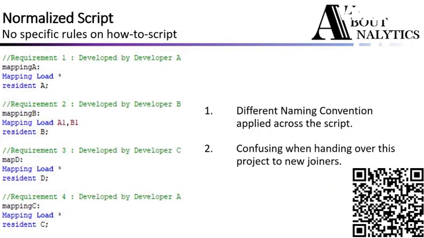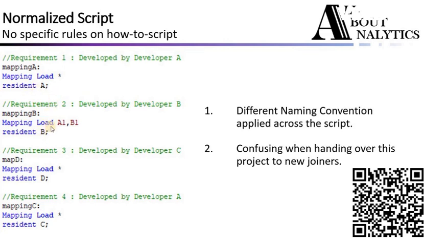There are no specific rules on how to script, right? So as we can see here, the first requirement has been developed by the first developer, the second requirement by developer B, and subsequently the third requirement by developer C. All of them are creating the script in their own unique ways. The first developer uses an asterisk to load all the columns within the table.